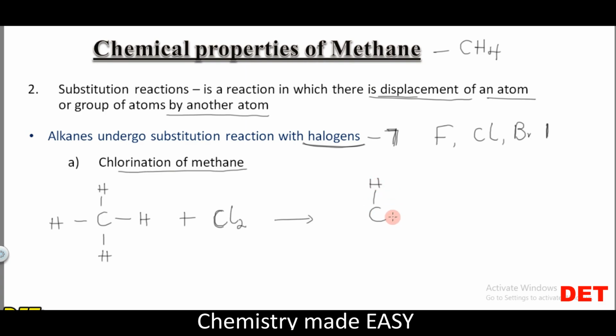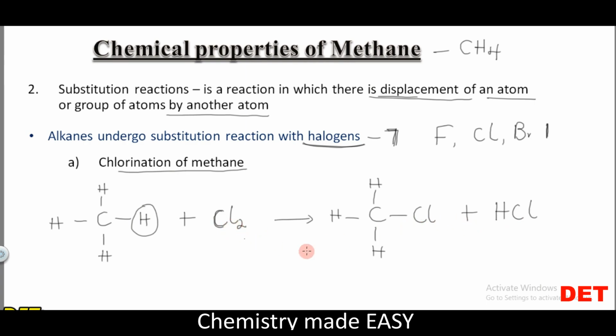So when one of these chlorine displaces hydrogen from here, you are going to have a substance like this. This is hydrogen, this is hydrogen. The chlorine will displace this hydrogen from here, so that it will replace it. So there will be chlorine here plus HCl. That hydrogen that is being displaced will react with the other chlorine to give you HCl.